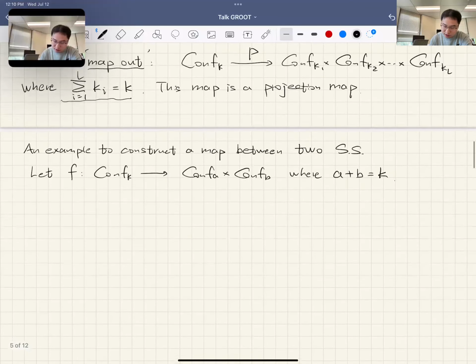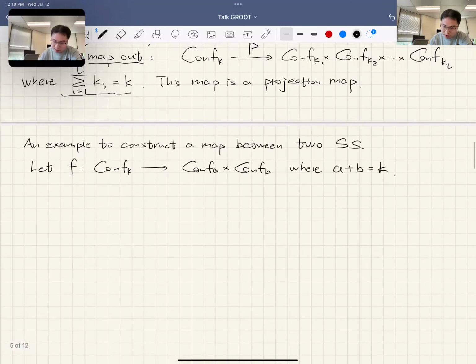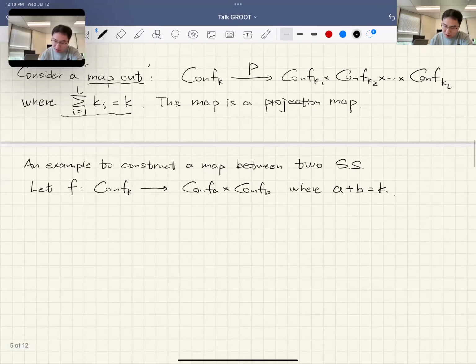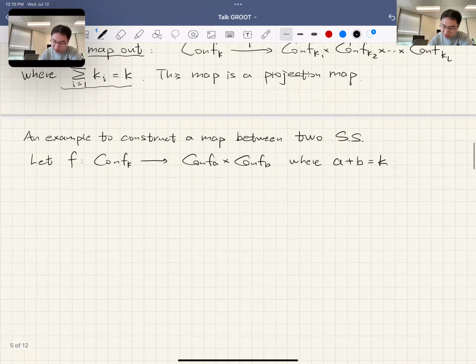So let me do a concrete example for how to construct a map between two spectral sequences. If we only do that, we have A plus B is equal to K. We can observe that this map is simply sigma A times sigma B equivariant.